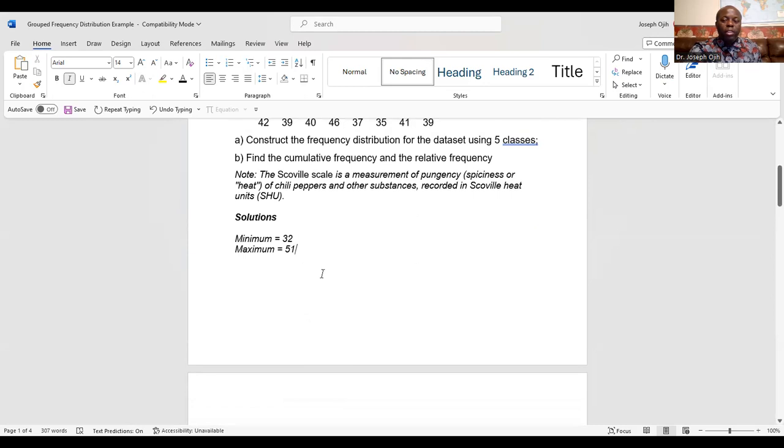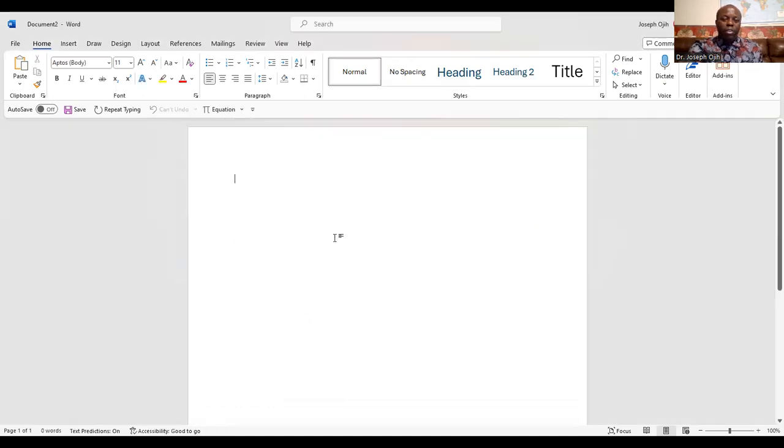Now, let's find the class width. The formula, I'm going to get the formula for you so you can see it. I can't get it from this page because it won't allow me to insert the formula, so I'm going to get it from our rough work page.